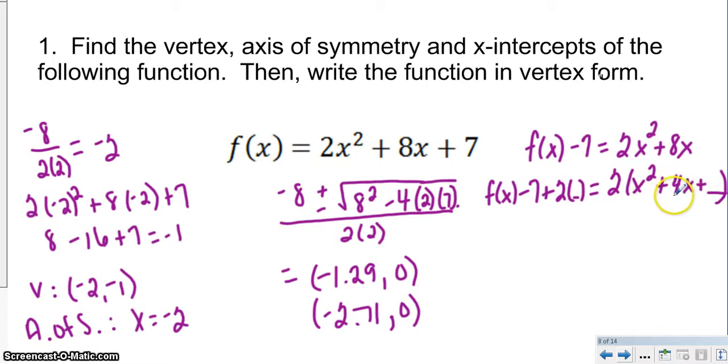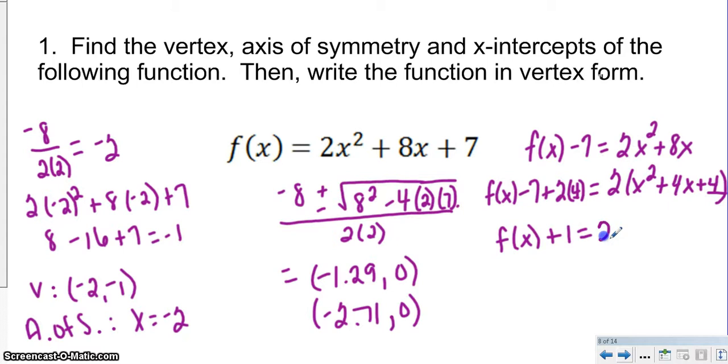So b divided by 2 is 2, and then 2 squared is 4. So I'm going to put a 4 in here, but technically I'm not adding 4 to the right-hand side. I'm really adding 8 because I'm doing 2 times the 4. So I'm going to add a 4 in this spot here, showing that I'm going to really add 8 to this side. And we can discuss this further in class tomorrow if you are not grasping this.